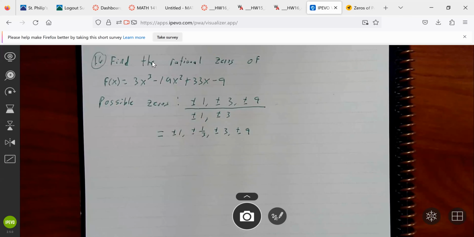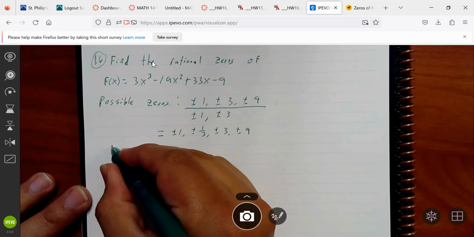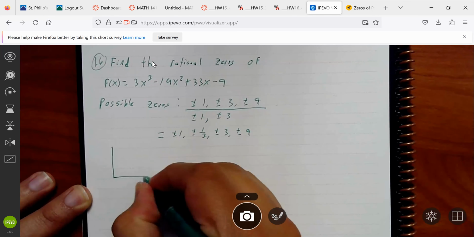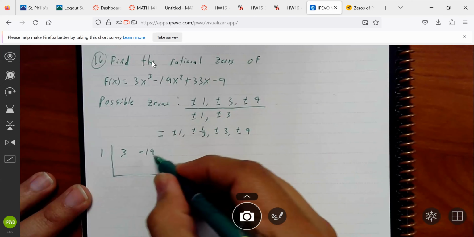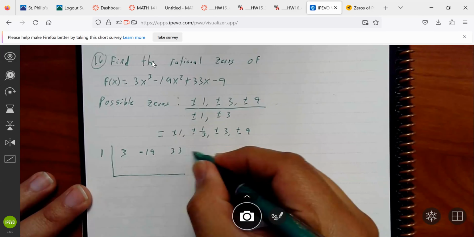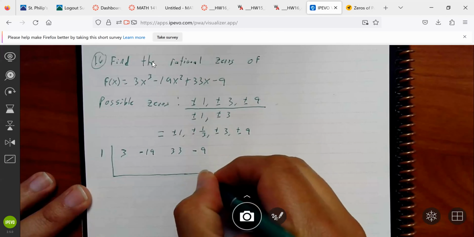Okay. So let's start testing. I'm going to try 1 just because it's easy. There's 3, 2, 1, 0. We got all our powers, so just go ahead and write 3, negative 19, 33, negative 9. Bring down the 3, 1 times 3.